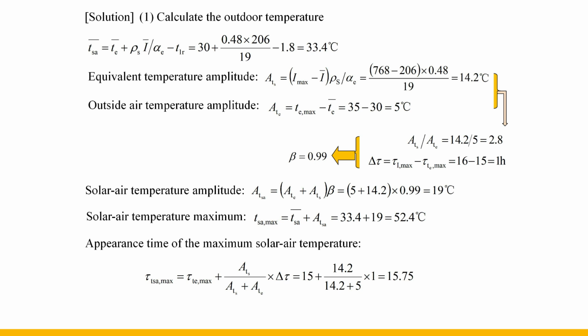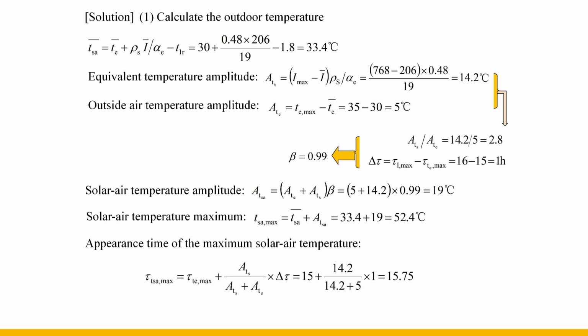The maximum solar radiation intensity appears at 16 o'clock, and the maximum outdoor temperature appears at 15 o'clock, with a time difference of 1. According to the ratio of amplitude 2.8 and time difference 1, the correction coefficient beta of time difference is 0.99 by checking the table.